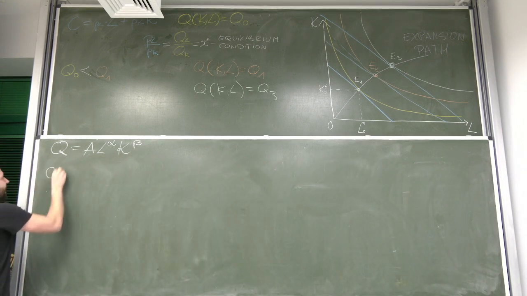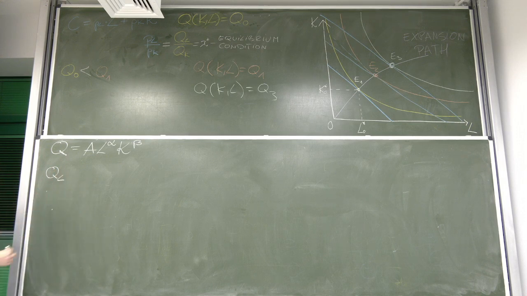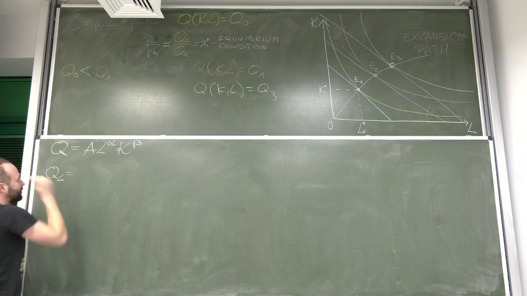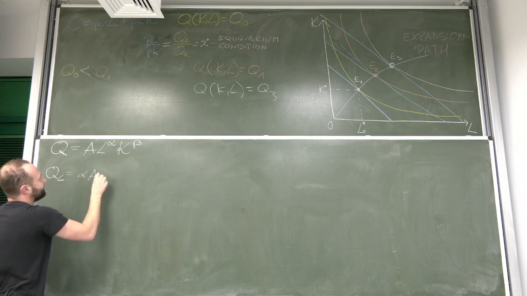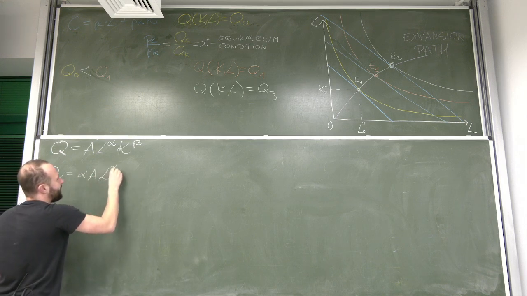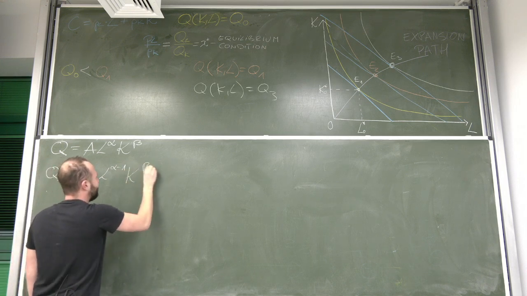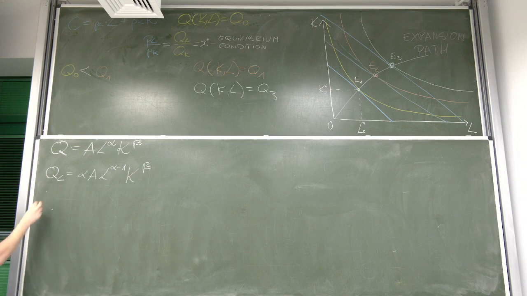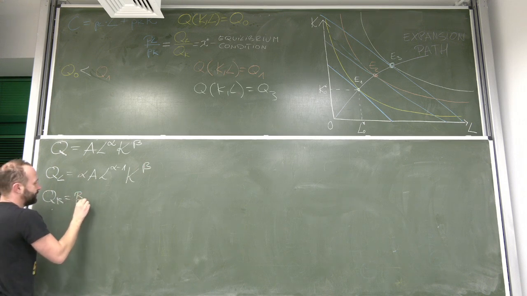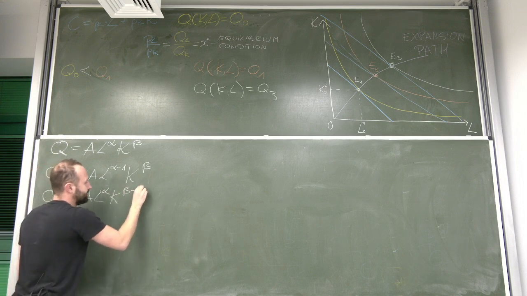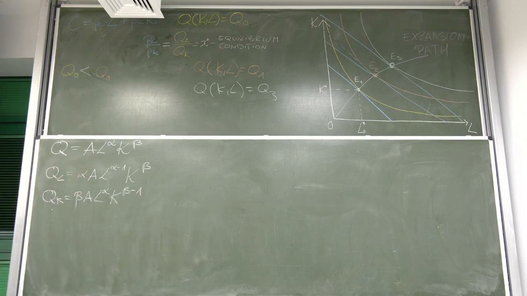So, first we would have the marginal products. We need the marginal product of labor, which is alpha times A times L to the power alpha minus 1 times K to the power of beta. And we need to calculate the marginal product of capital, which is given by beta A L^alpha K^(beta minus 1).